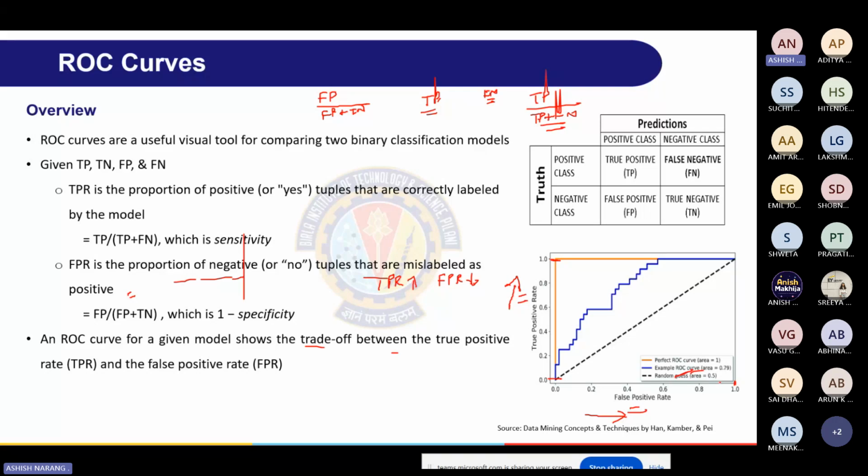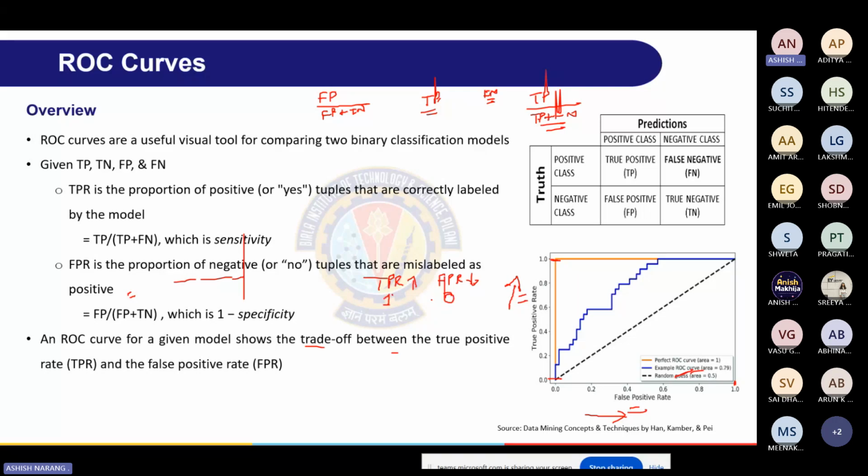What is the minimum value of FPR? 0. So if I look at an ideal case, I want TPR to be 1 and FPR to be 0.